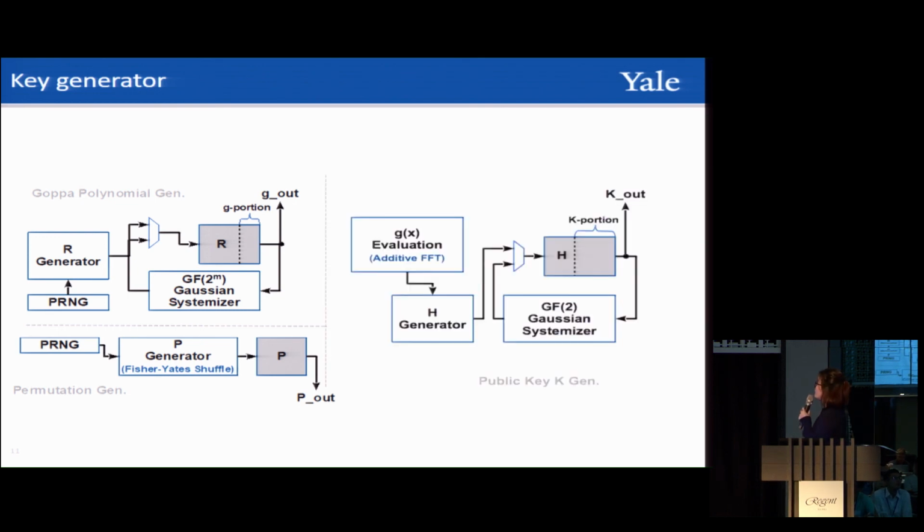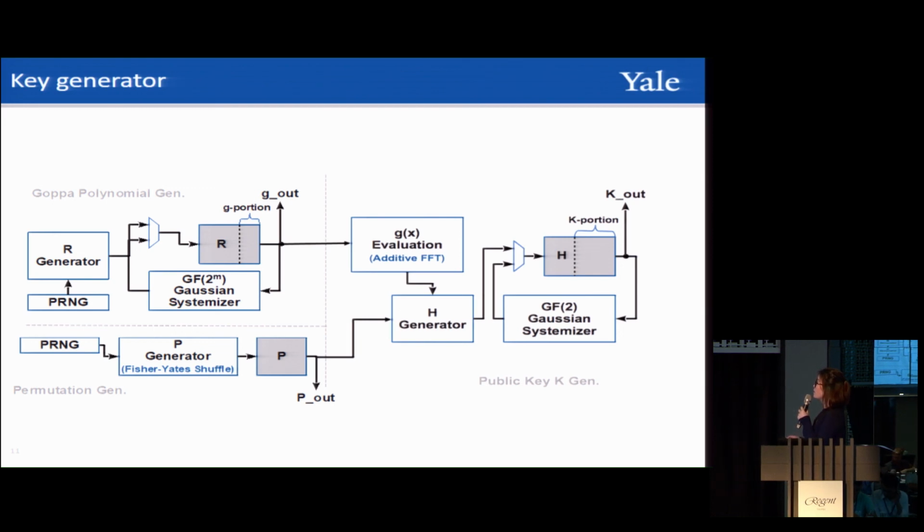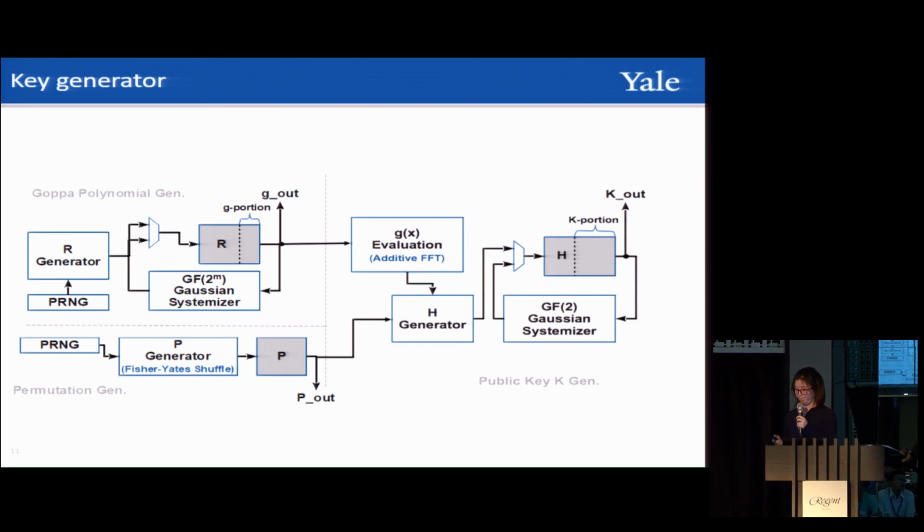And for public key generation, we used additive FFT to calculate the evaluations, and then we calculate the parity check matrix. And following that, we eliminated it. And then finally, we would publish the P memory contents and the R memory contents as the private key, and the right side of the systematic form as the public key.